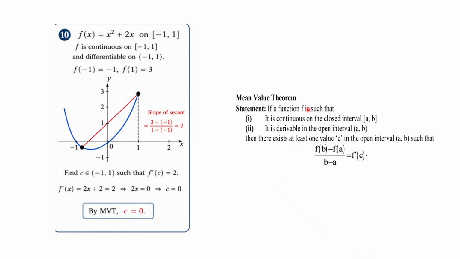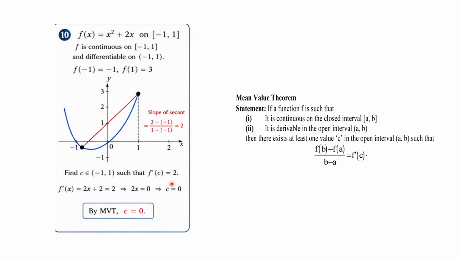So the last example, f of x equal to x square on the interval minus 1 to 1. Here f of b means f of 1, and f of a is f of minus 1. The slope of the secant, f of b minus f of a over b minus a, is equal to 2.